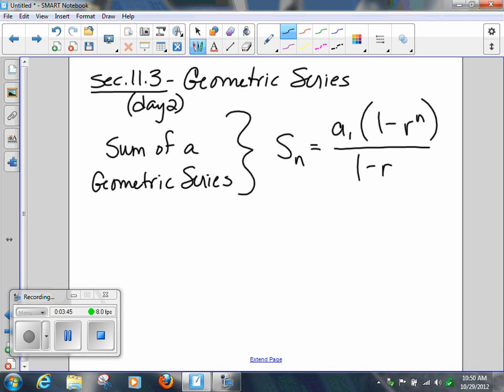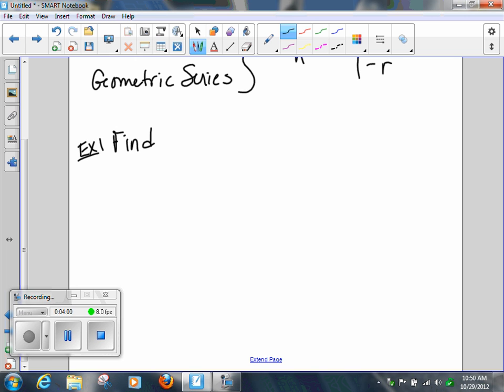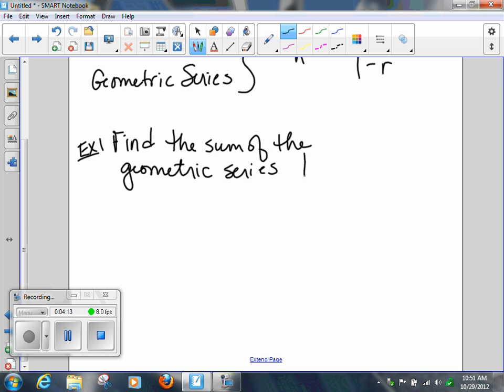Bless you. Now, sometimes it's easy. And sometimes it doesn't warrant using this formula. If I were to give you a problem that said, find the sum of the geometric series to 6 terms, and this is what you're given.